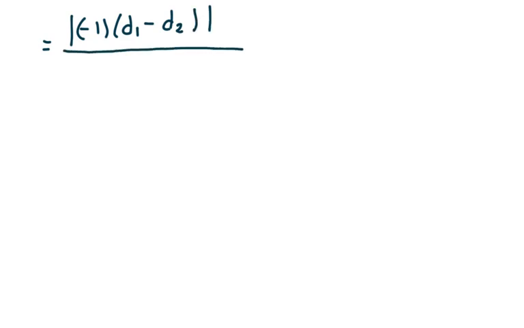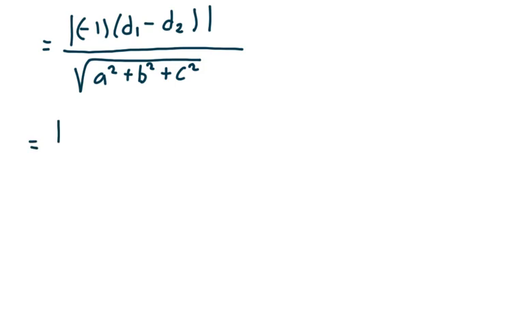And so this is the absolute value of negative 1 times D1 minus D2 divided by the square root of A squared plus B squared plus C squared.